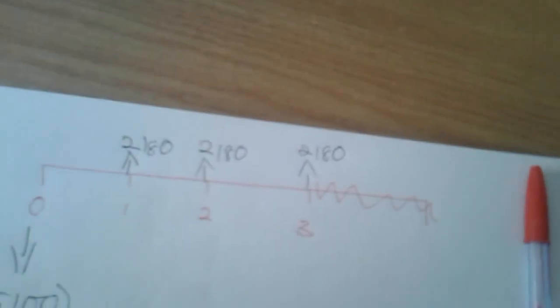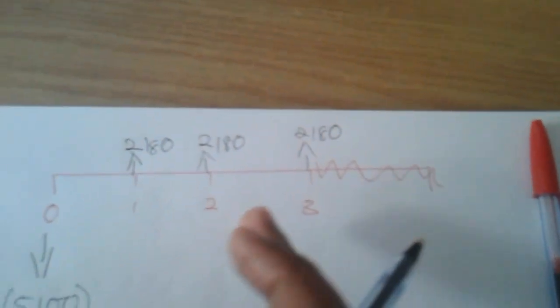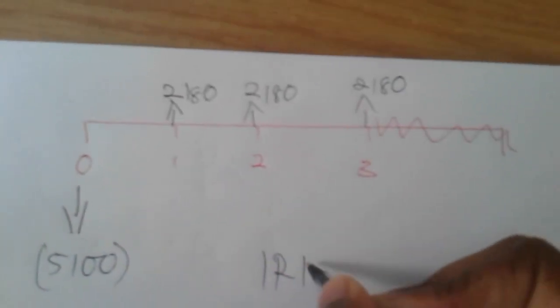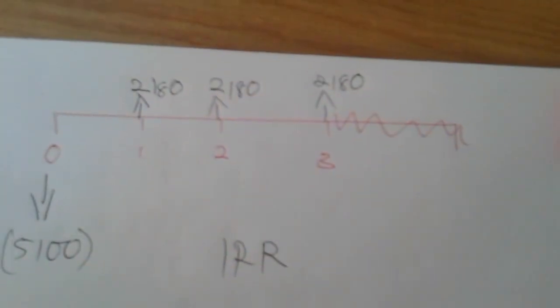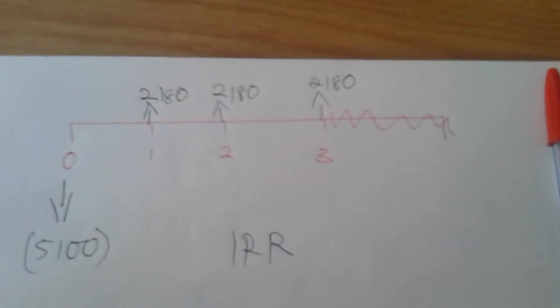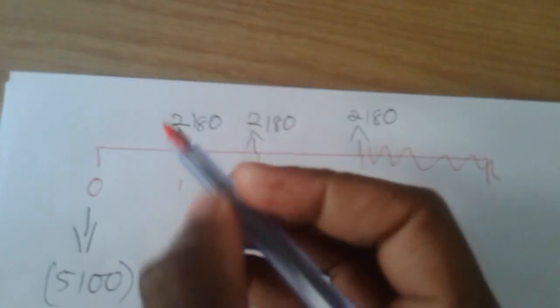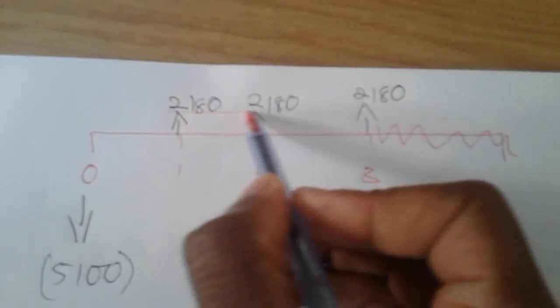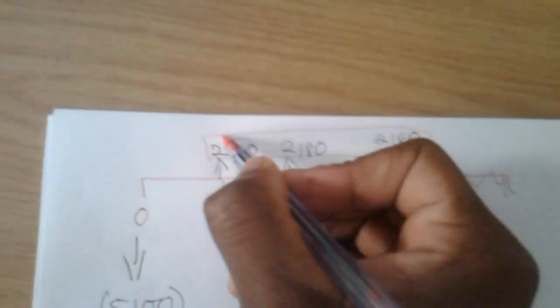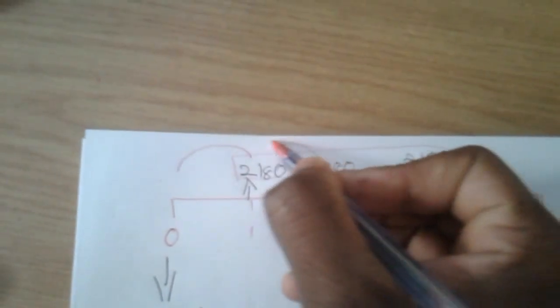Now remember, when they say what rate of interest is earned, it is the same as calculate IRR. So what is this now? This is a rate that causes the present value of these 3 payments, we are going to find their PV. We bring back, we bring back, we bring back.